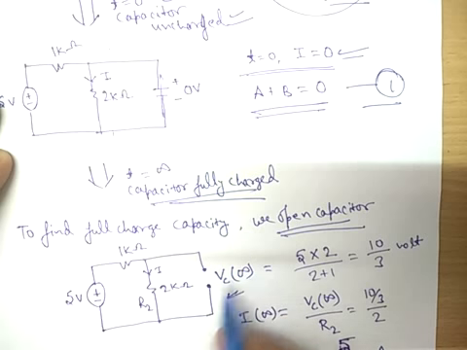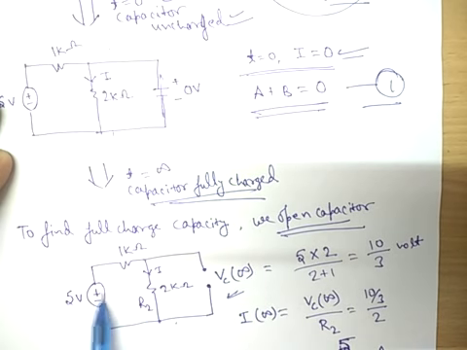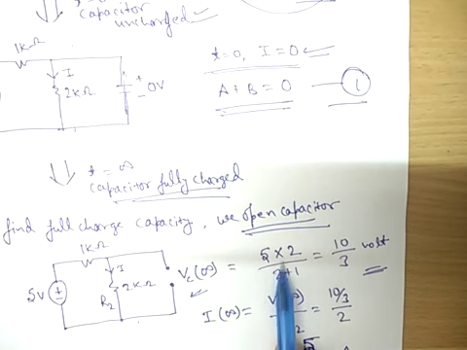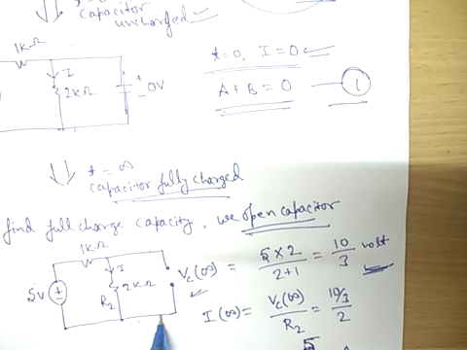So we can easily find the voltage across this terminal by the voltage divider rule, and here we have Vc at infinity equals 5 into 2 divided by the sum of these two resistance values, which is 10 by 3 volt. So 10 by 3 volt is the final voltage across the capacitor.